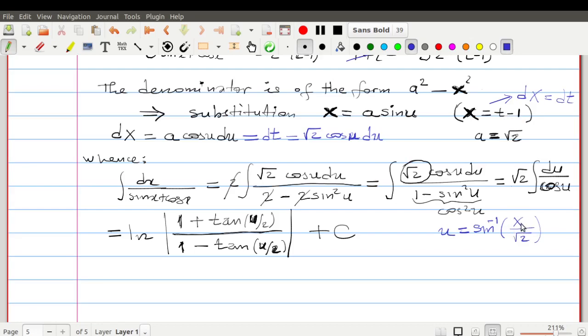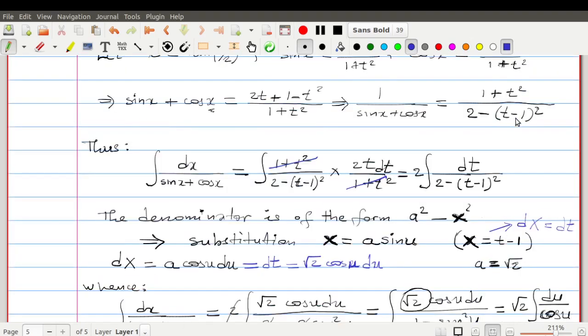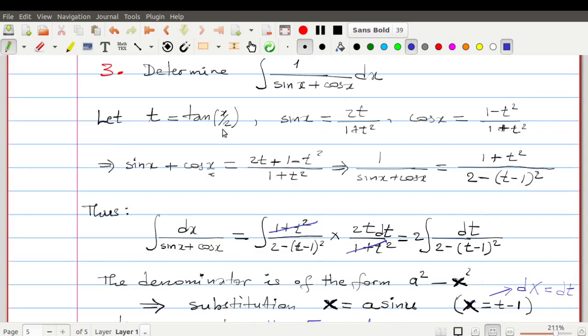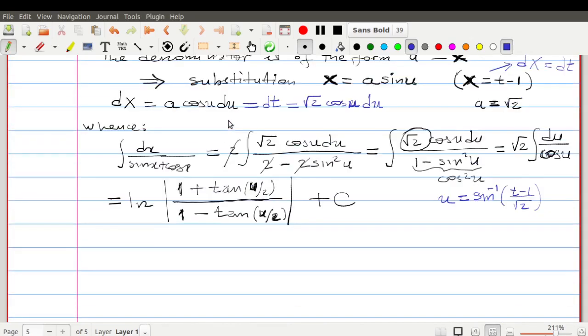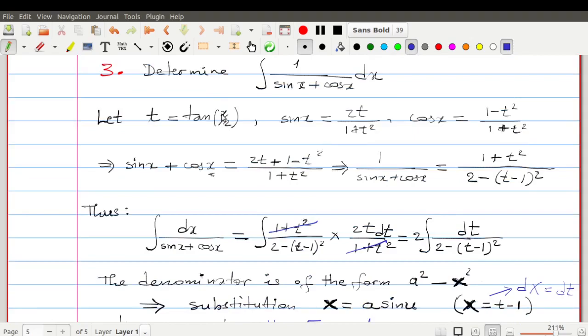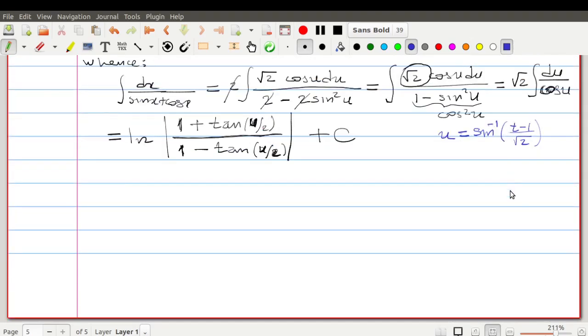So this capital X is t minus 1. So I can replace that. So this is t minus 1. And t itself, because we have to go back, where did we let t? It's tan again, tan x by 2. Now we are going to the original x, which is x by 2 from here.